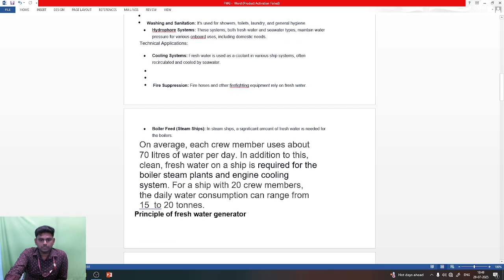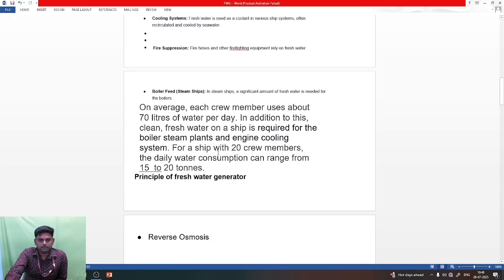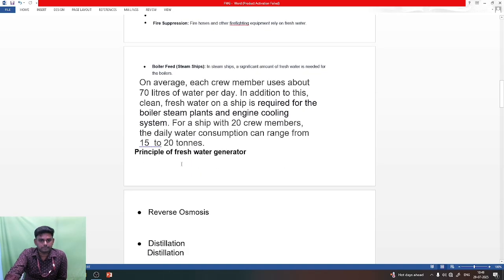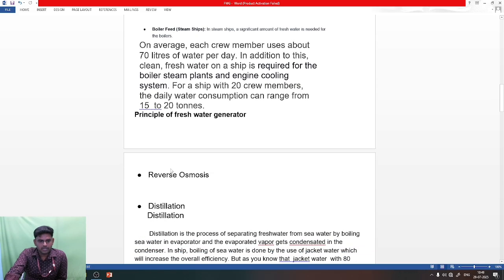And on average each crew member uses about 70 liters of water per day onboard a ship. At maximum we use 15 to 20 tons of water per day in daily uses, cooling, personal and other cleaning uses.